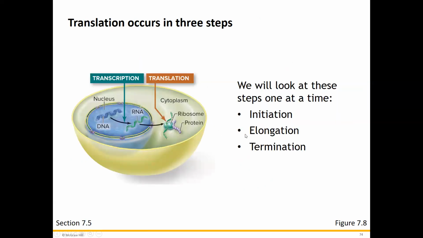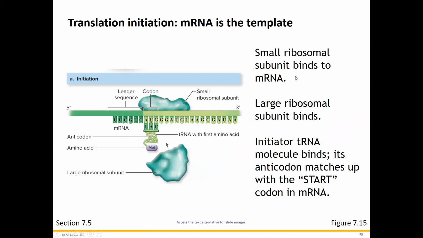Now, there are three steps to translation, just like transcription: initiation, elongation, and termination. Initiation is where everything gets started. The messenger RNA acts as a template to know which anticodons bring the specific amino acid to the correct place. So the small ribosomal subunit is bound to the messenger RNA, and the large one binds to the first transfer RNA. When the anticodon pairs with the codon, that's when they're telling you that's the start codon.